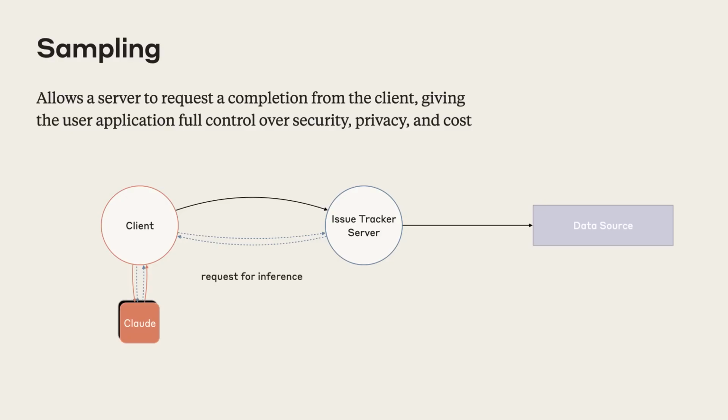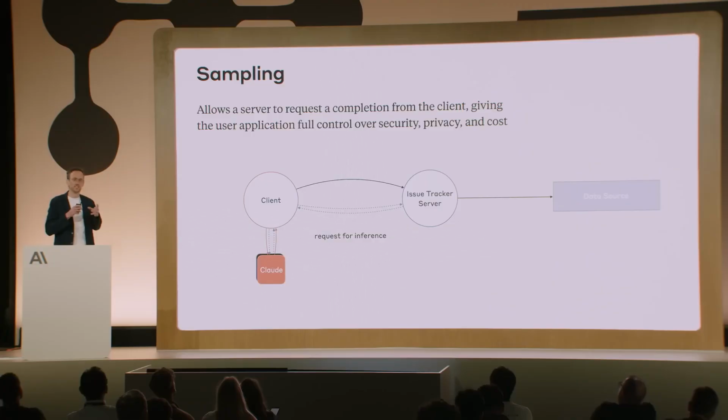What does this mean? It means that the server can use a model without having to provide an SDK itself, but asks the client which model you have configured, and the client is the one providing the completion to the server.